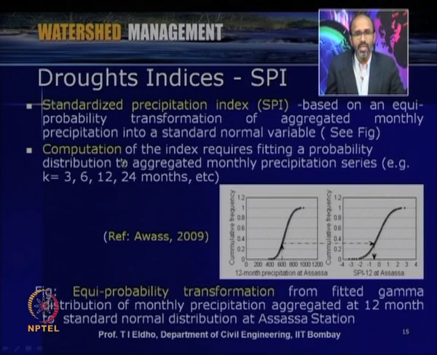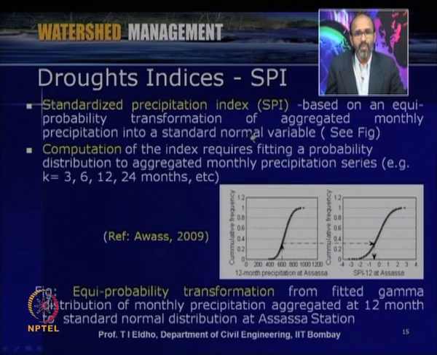So, the computation of the index requires fitting a probability distribution to aggregated monthly precipitation series, like k equal to 3, 6, 12 or 24 months. For example, this figure shows the equiprobability transformation from a fitted gamma distribution of monthly precipitation aggregated at 12 months to standard normal distribution at the Asasa station, a particular location, as reported in this reference, 2009.